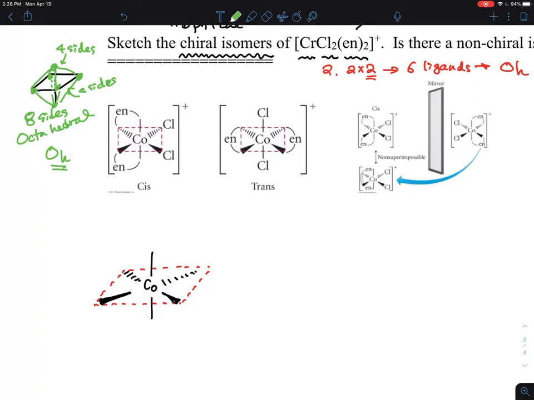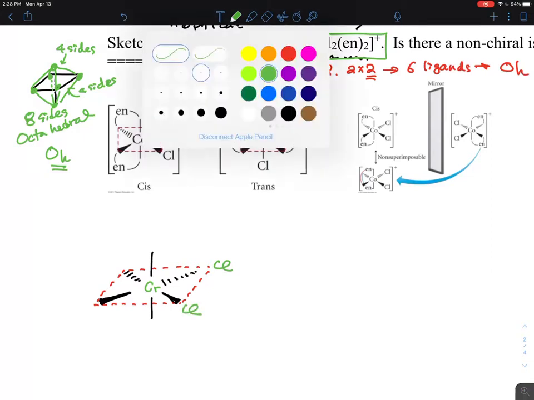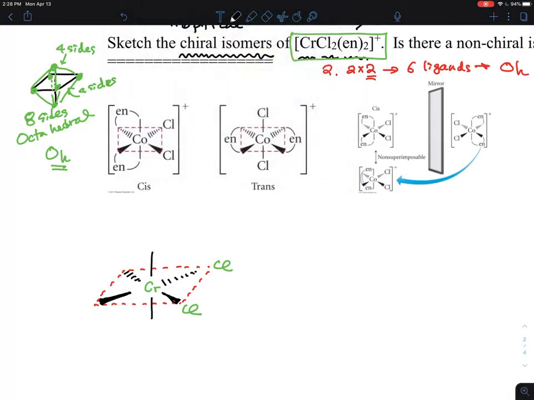But now we are seeing this compound with chromium sitting in the middle, instead of cobalt. This is from the slide, so now I'm going to change it for your problem. Instead of cobalt, this is chromium, and the chlorine can be situated here, and the rest of them end up being linked diamine.